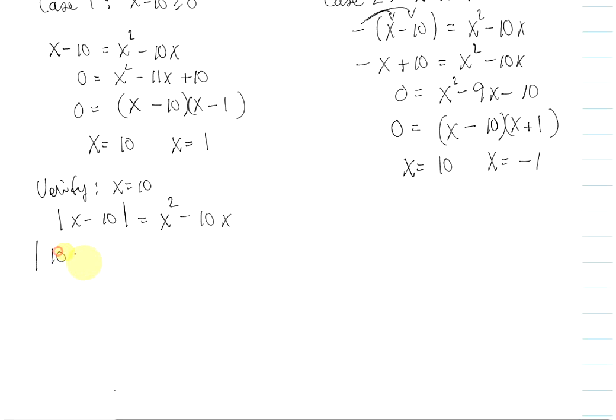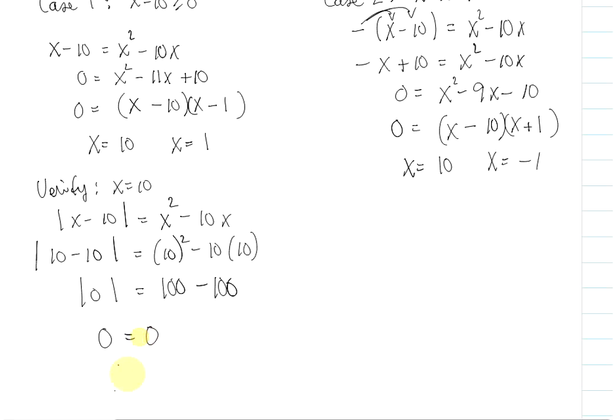So we'll plug in 10 minus 10, and 10 squared minus 10 times 10. Well, 10 minus 10 is 0. 10 squared is 100 minus 10 times 10, which is 100. So we get the absolute value of 0 is 0, and 100 minus 100 is 0. So left side equals right side.